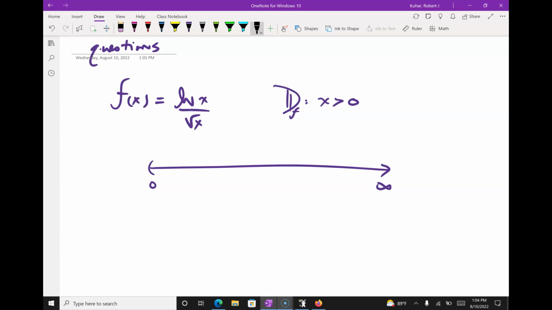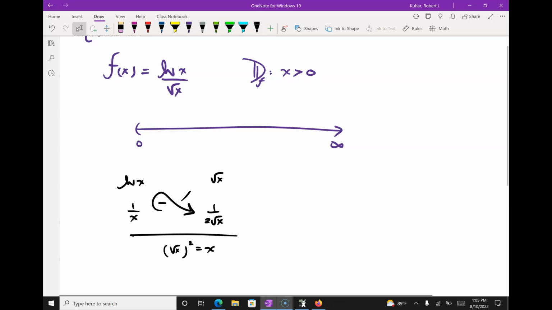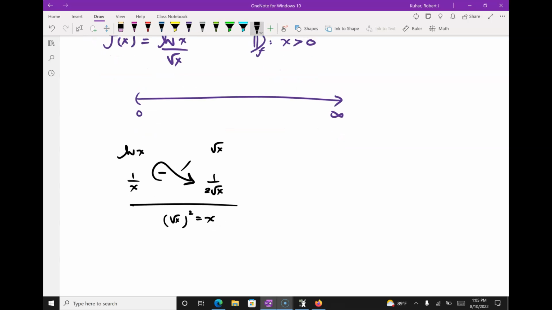I need a derivative, right? So my upstairs function is what? ln of x. Derivative is 1 over x. Downstairs function is square root of x. Derivative is 1 over 2 square roots of x. And of course the downstairs squared is just x. I'm doing the quotient rule. Right, everybody okay here?